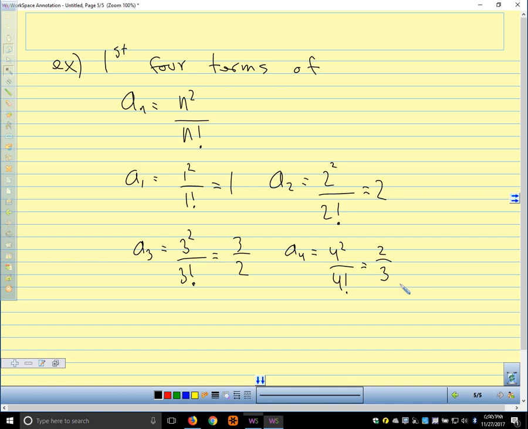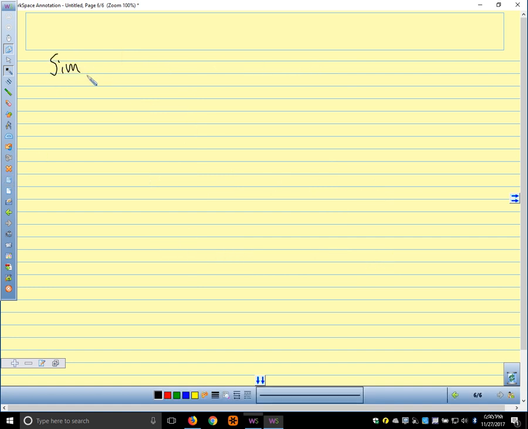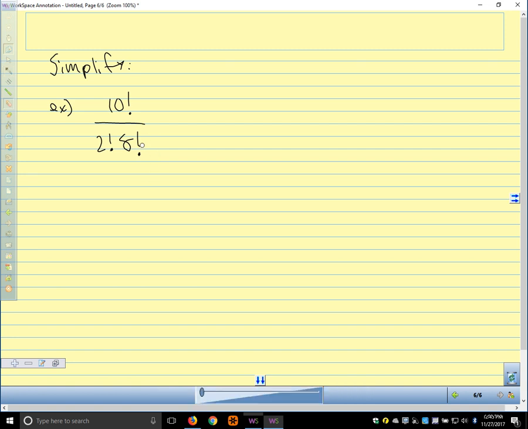All right, something that we will often have to do with factorials, especially when we're talking about counting and probability, but it comes up in sequences and series as well, is simplifying factorials. So let's simplify these things. 10 factorial over 2 factorial times 8 factorial. A quantity like this will come up often when we're counting things.